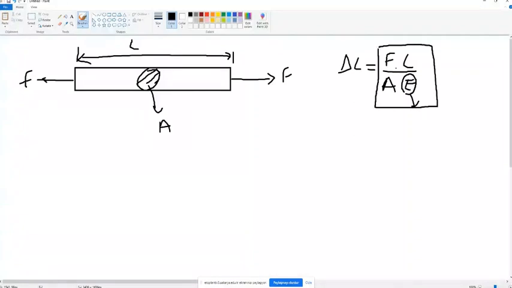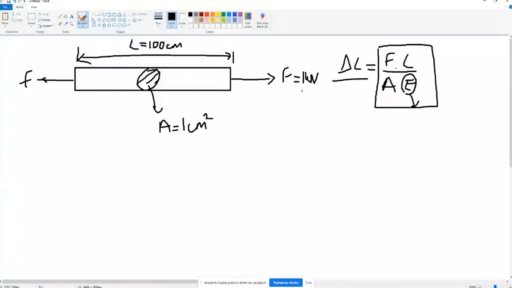So for this equation, because there are no plasticity parameters or unknowns, when you put the force too much, you won't get a correct answer, which means I have got a cross section of 1 centimeter and the length is 100 centimeters.